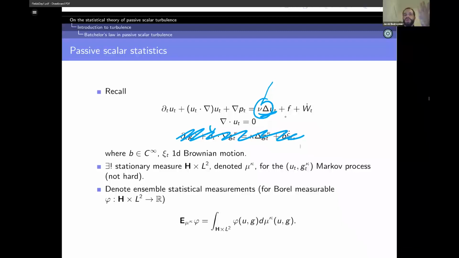And in your heart, you want to believe that when this guy is really small, the nonlinear dynamics are being transport dominated, and so you should see a lot of exponential stretching. But to do that, you need to know that the Lagrangian chaos doesn't go away somehow when nu goes to 0, which of course is completely counterintuitive and weird and crazy, but we don't have a proof of that, not even close yet.